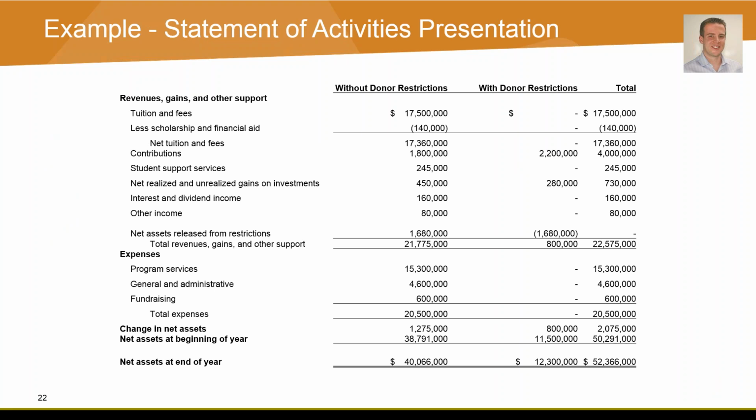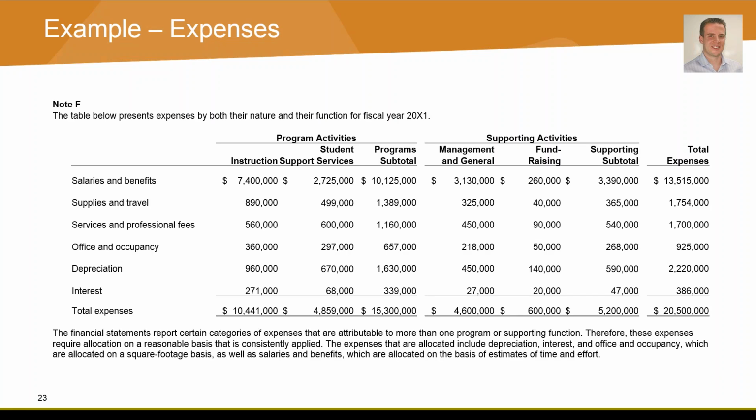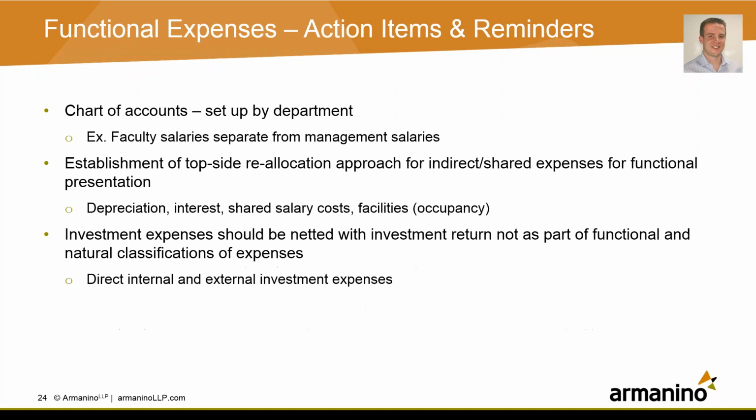And if we look at the next slide, here's what we're proposing, an example footnote to meet this requirement, where we have our program and supporting activities along the top, and then the natural class of expenses running downwards. So like I said, you have your salaries. This one breaks out supplies and travel, service and professional fees. So this is an example of a footnote that will meet the requirement while still letting the statement of activities be clear and concise and free from cluttered activity.